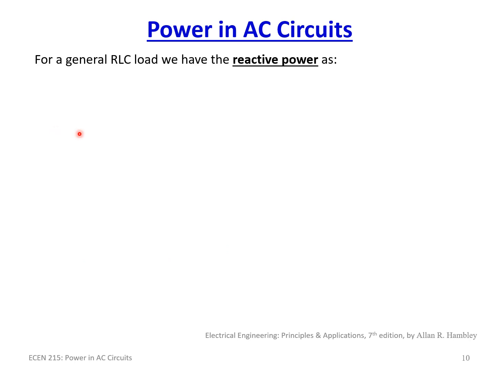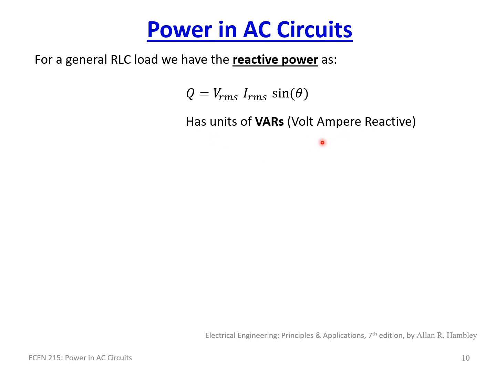For a general RLC load, the reactive power, which is the imaginary component of power, is defined as Q, and it is VRMS IRMS times the sine of the power angle. And this has the units of VARs, volt ampere reactive. You will see this if you're ever working with motors or large capacitor banks on power lines and things like that.